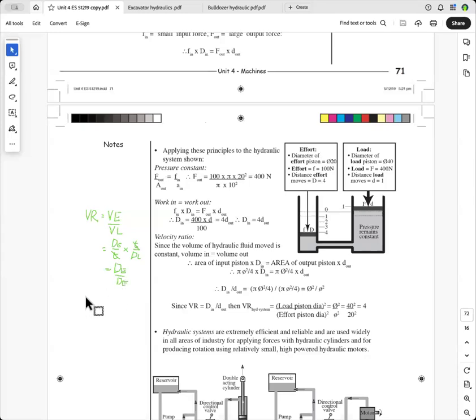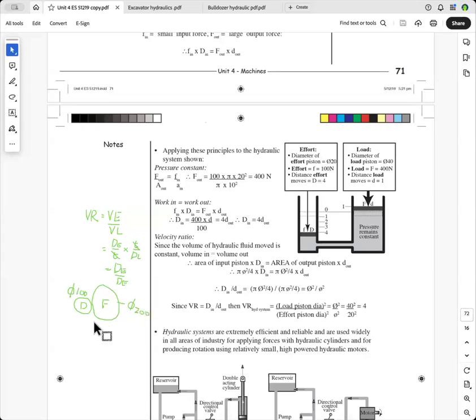Look, if you have a gear, a small gear here and a big gear there, and this is the driver, and that is the follower. These are gears. Let's just say that has a diameter of 100. And this has a diameter of 200.